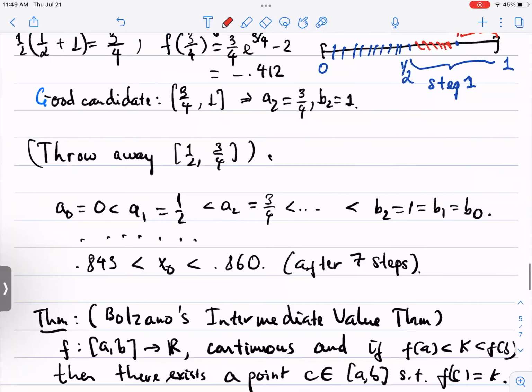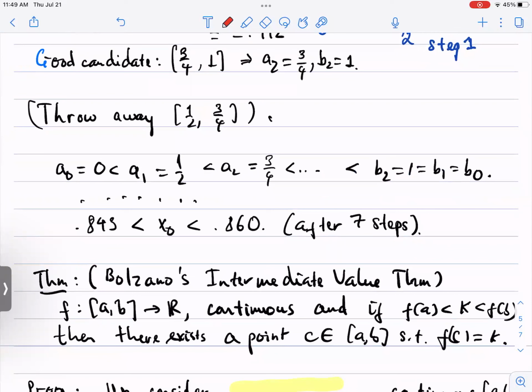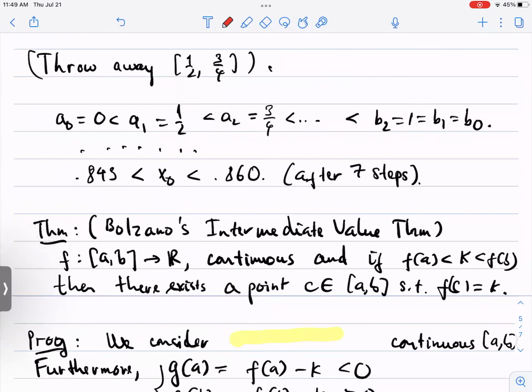And if we repeat this process several times, then we get closer and closer to the root of the equation. Here, after 7 steps, we already arrive at the conclusion that there is a root between 0.843 and 0.860. So that's a pretty good estimate.